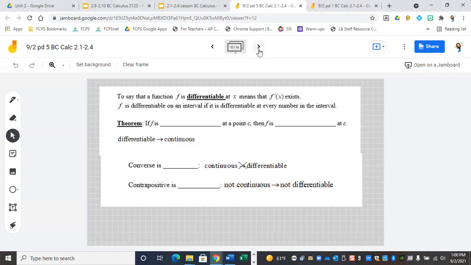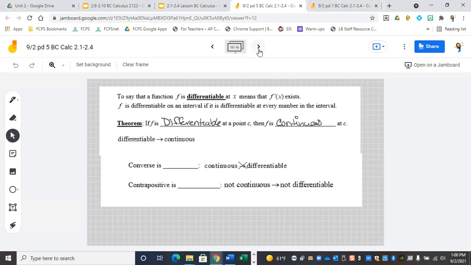So just a couple things to remember when you're talking about differentiability and continuity. If it's told to you that it's differentiable at a point, then you know that it's also continuous. So if you know it's differentiable, it has to be continuous.